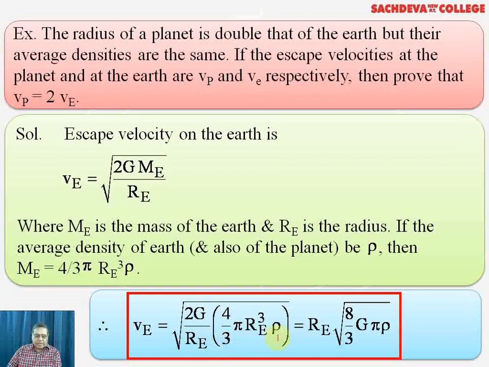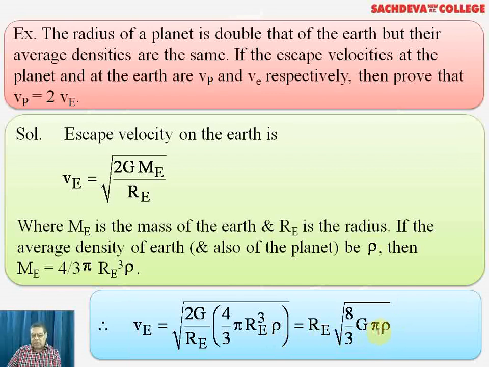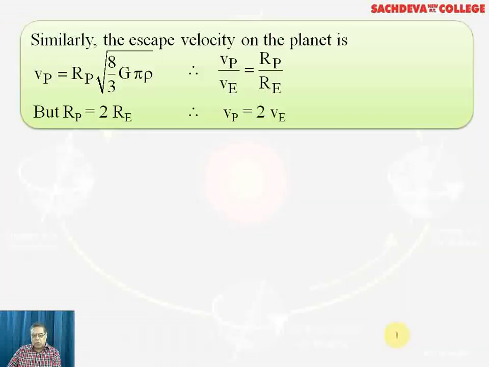Now when we calculate Ve, after computing these values, the final result will become Re under root 8 over 3 G pi rho. But rho is the same for both planets and G is constant. It is 6.67 times 10 to the power minus 11 and pi is 3.14. It means that the velocity of escape is Re under root 8 over 3 G pi rho.